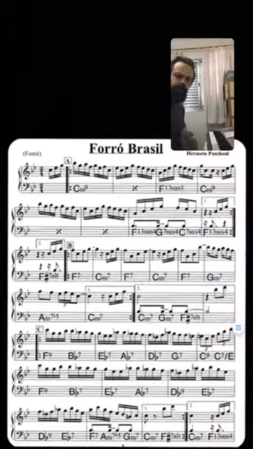Another important element of the melodic swing of baião and the genres from forró is to accentuate the eighth notes. To be more precise, the second eighth note of each group.